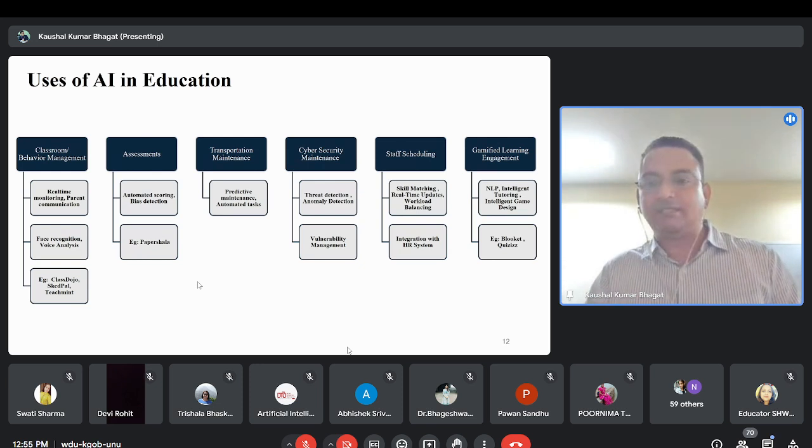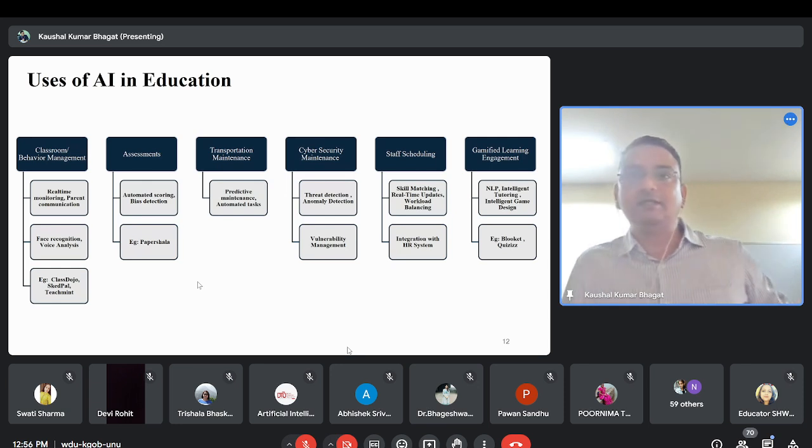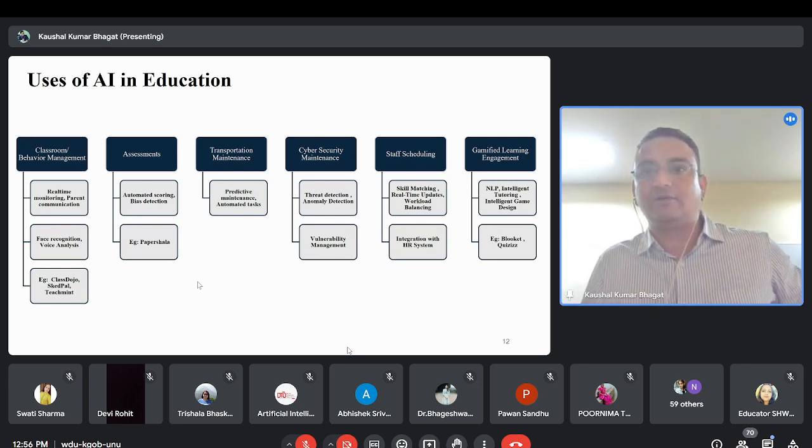Then we have the staff scheduling, right? School matching, skill matching, workload balancing. Many times you will find that some teachers are getting a lot of periods for the class, but some teachers are not. So how you can have the proper balance of the workload is also very important, right? You will always find that some of the teachers are overloaded, but that is not, I think, fair.